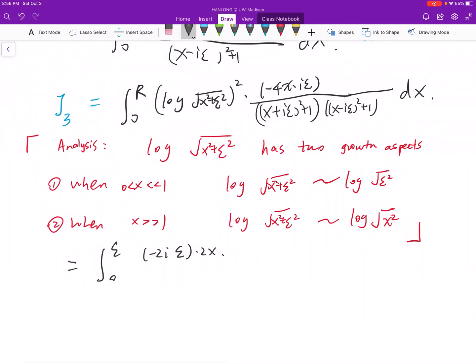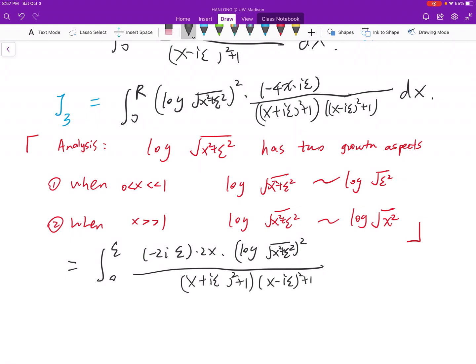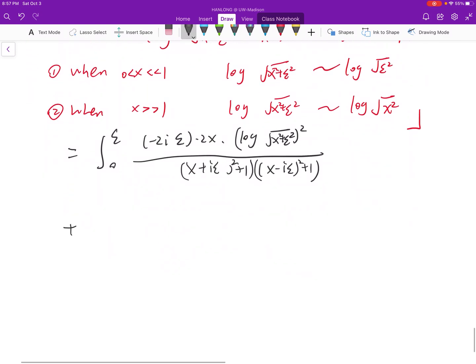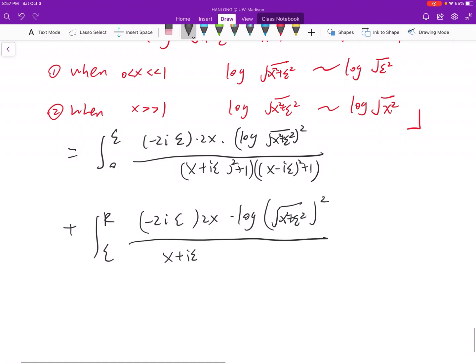And log square root of x squared plus ε squared divided by (x plus iε) squared plus 1, (x minus iε) squared plus 1, and plus integral from ε to r of negative 2iε times 2x log square root of x squared plus ε squared divided by (x plus iε) squared plus 1, (x minus iε) squared plus 1 dx.